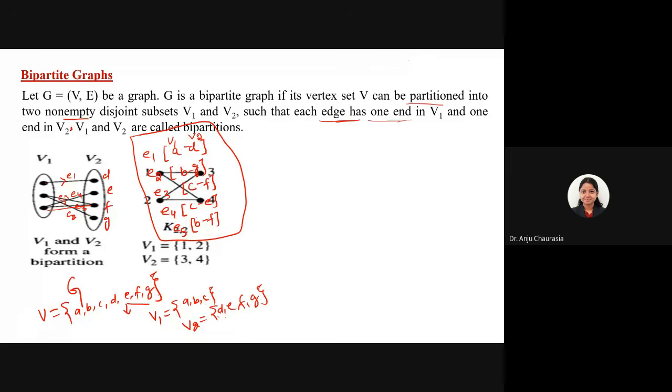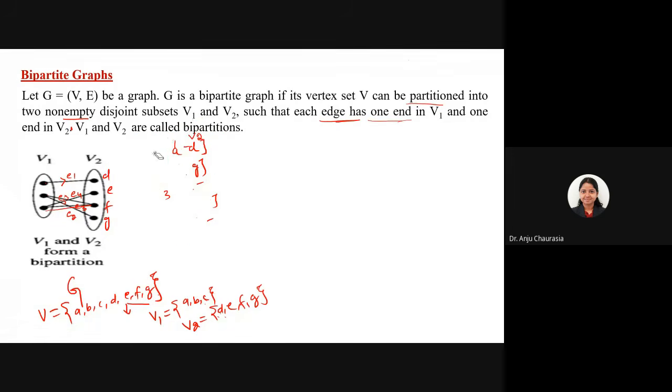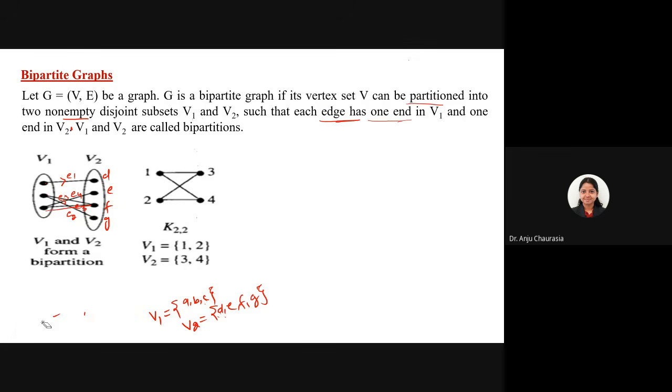So note this down, and you will get clarity even if you read after some time. Now the next example, to make you clear with this example: V is actually 1, 2, 3, 4, but it has been partitioned into V1 and V2.